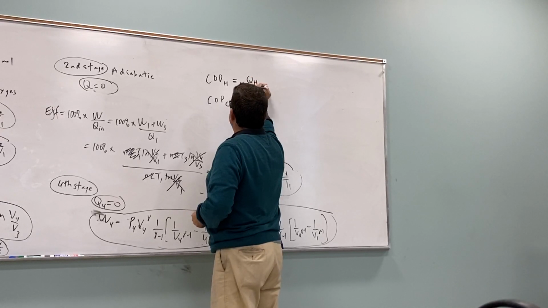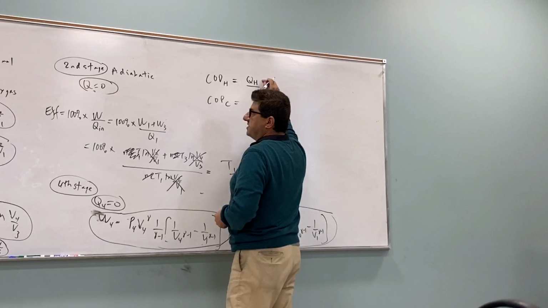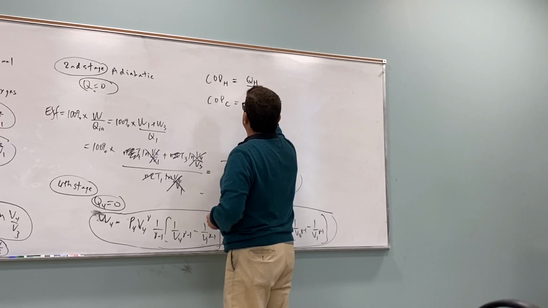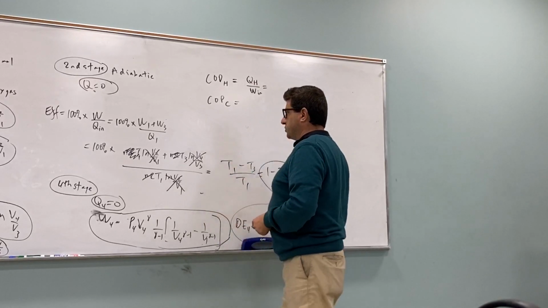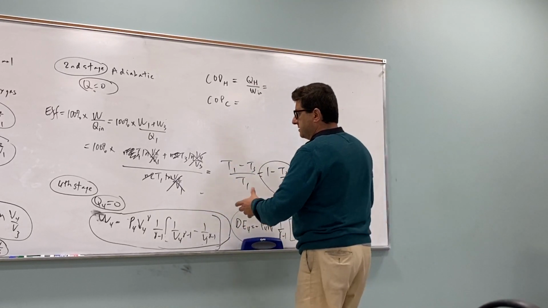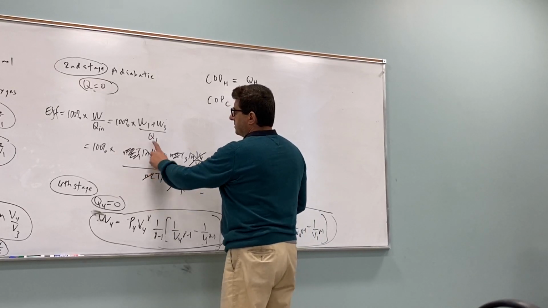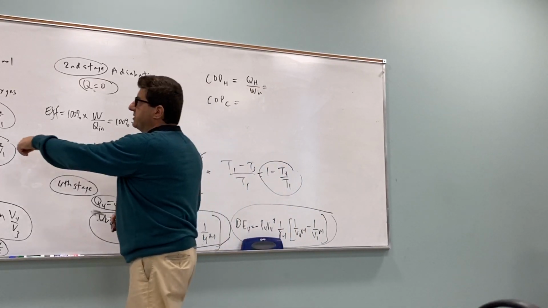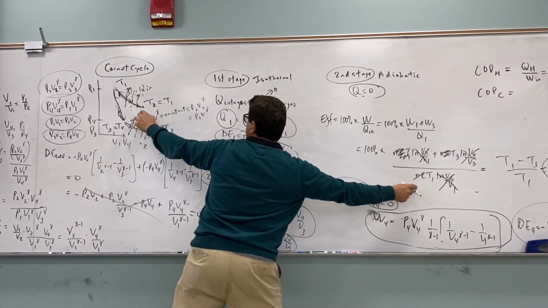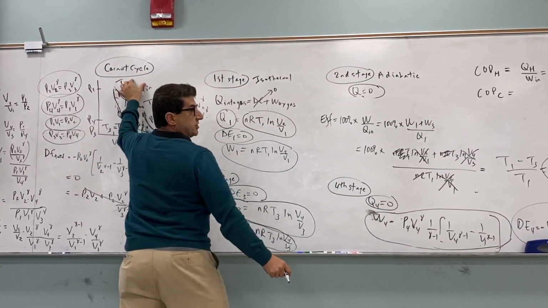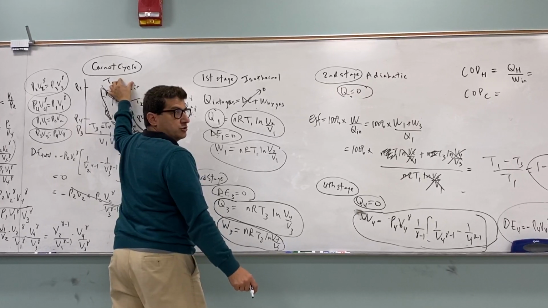QH over, so what you're interested in, over what you are putting in. So then what would that be? This is the heat that you're putting in, right? This one. So now that becomes the heat that you're putting into the room.